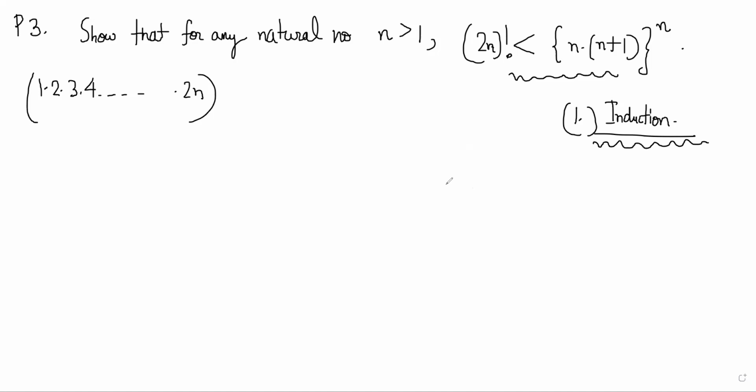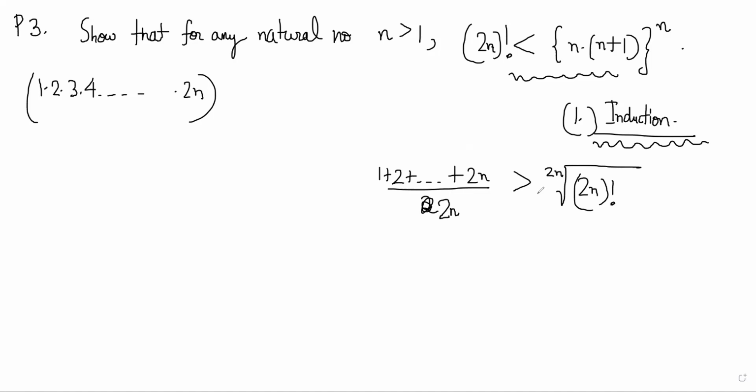So I think I get n plus 1 over 2 whole thing to the power of n is greater than 2n factorial, like this, right? Dividing by 2n, right?